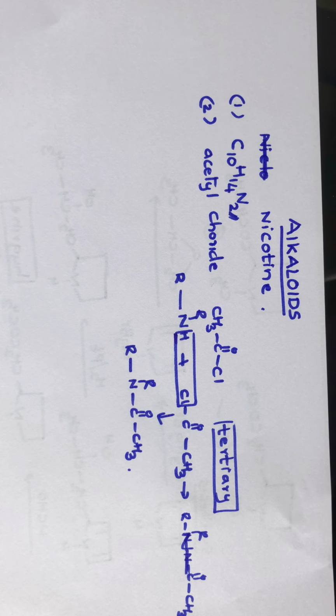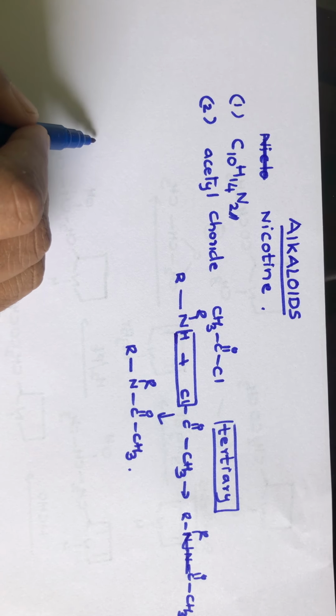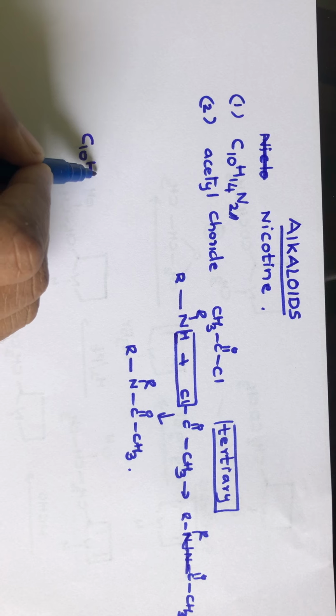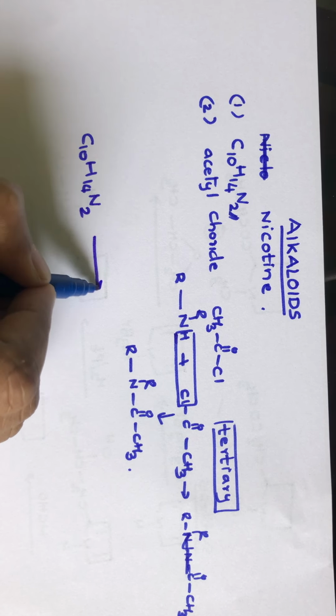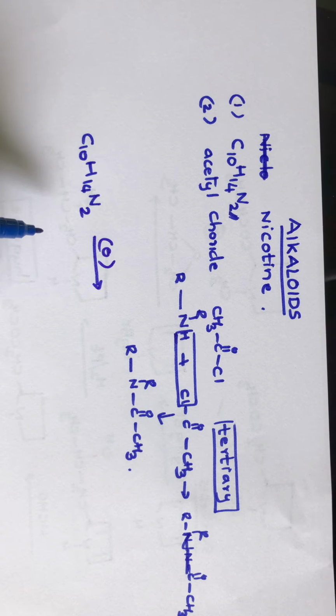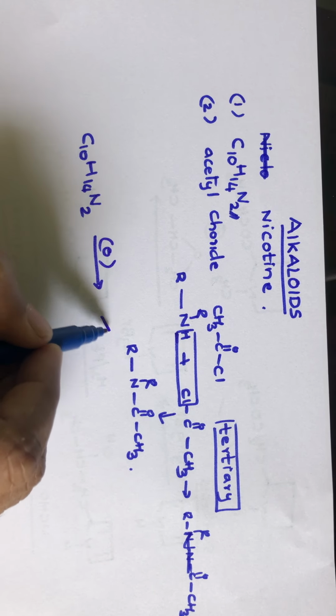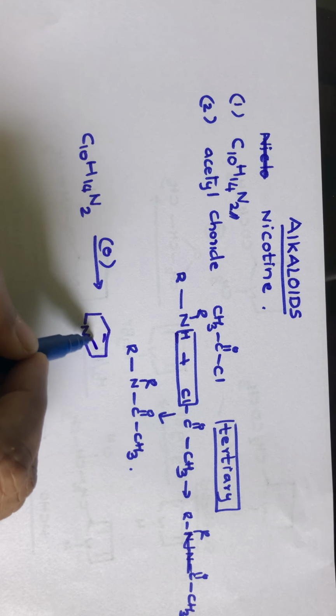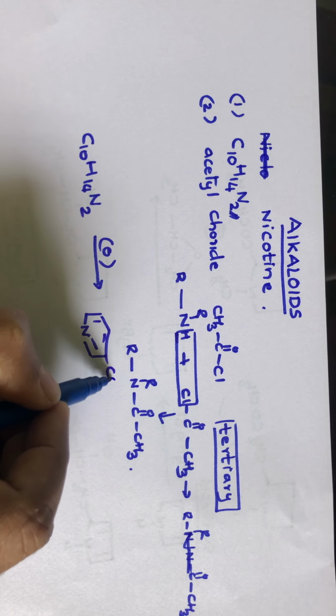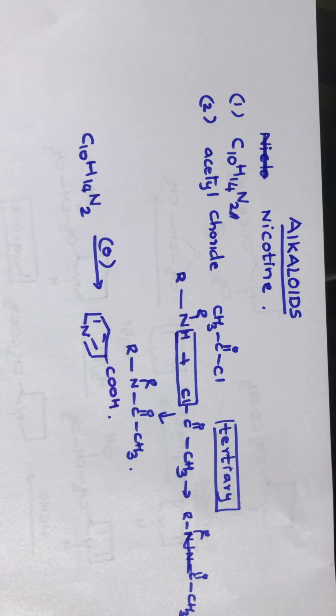Next, nicotine when oxidized with chromic acid, nicotine that is C10H14N2, when subjected to oxidation, forms nicotinic acid. Nicotinic acid is pyridine beta carboxylic acid.